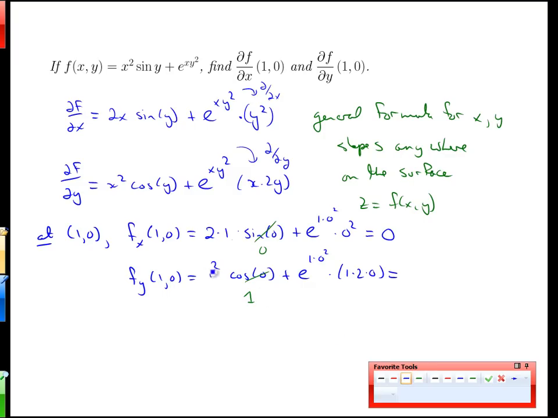Cos of 0 is 1, so overall we get a slope in the y direction of 1 and a slope in the x direction of 0 at the particular point. So these are the x and y slopes at a single point, just comparing and contrasting the idea of a formula versus the idea of the values at a particular location.